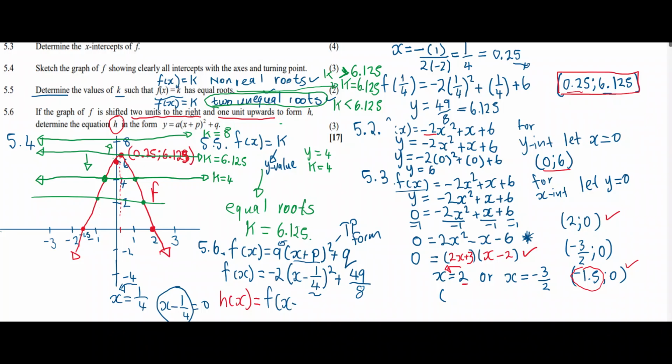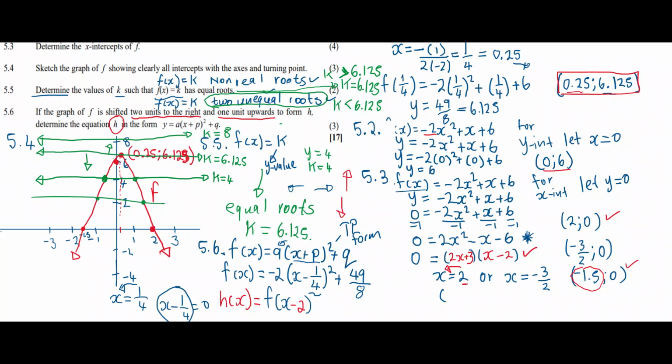Because it's shifted 2 units to the right, we will subtract 2 inside the x bracket, because it's a horizontal shift. For a horizontal shift, we subtract or add inside the brackets.